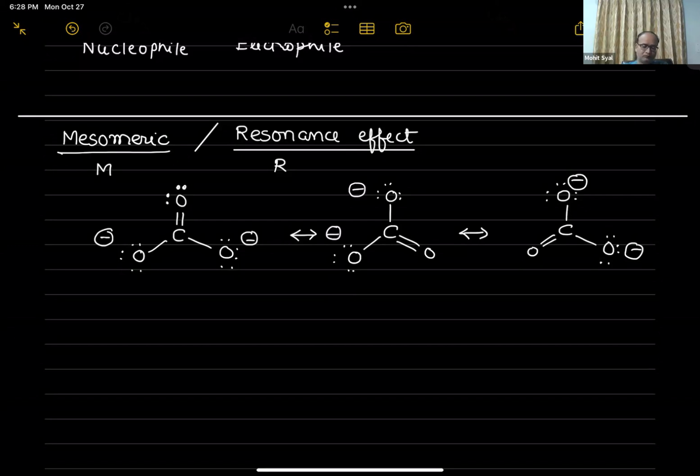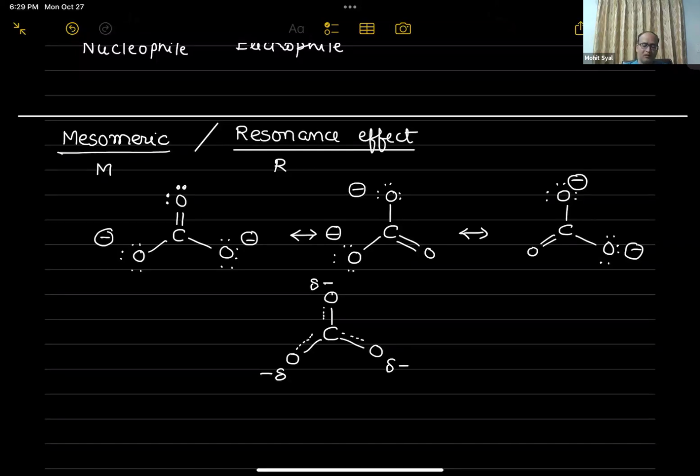But when you check the actual structure, it is like this. This is delta minus. Okay.